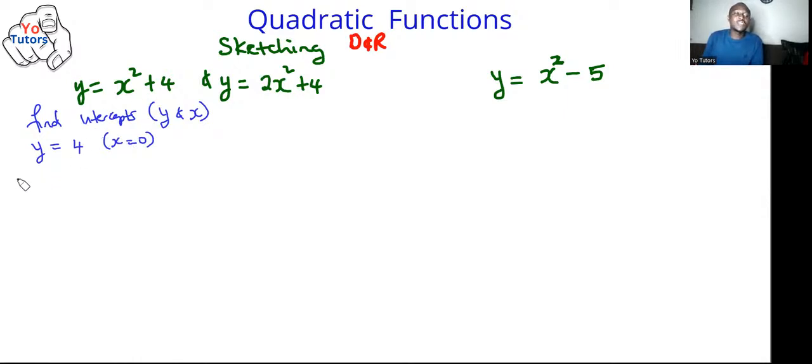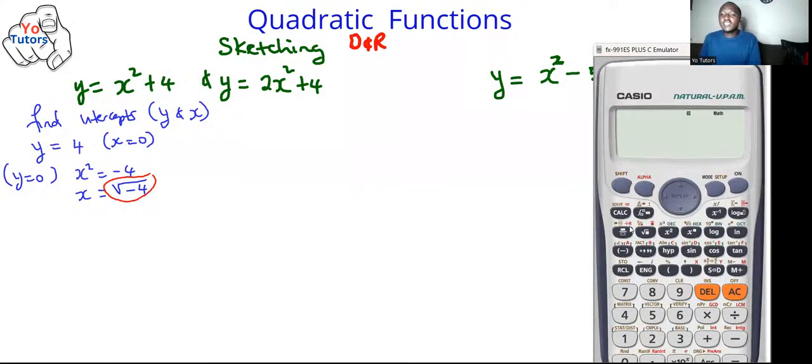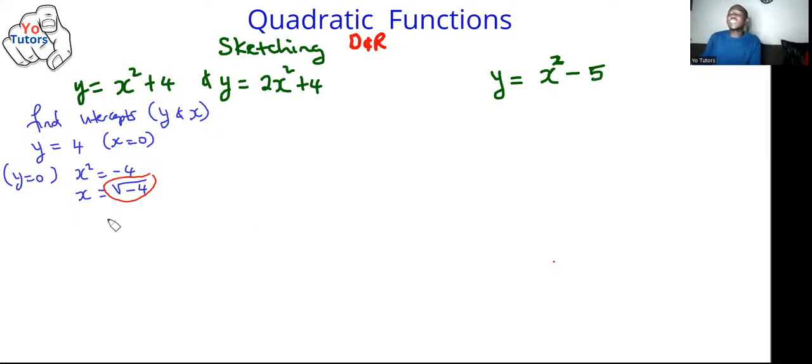What about when Y is equal to 0? Let's see what we find here. When Y is equal to 0, x squared is going to be equal to -4, and x is going to be equal to the root of -4. You can't have a root of a negative. Let's just try it here: root of -4 will give you an error, so it means that it does not exist.